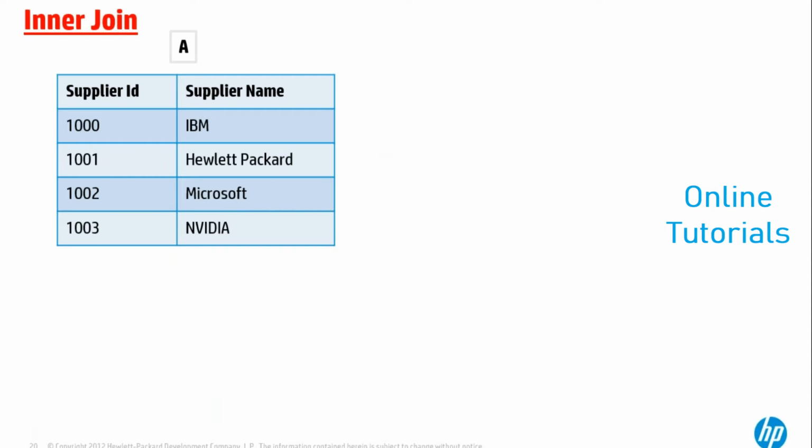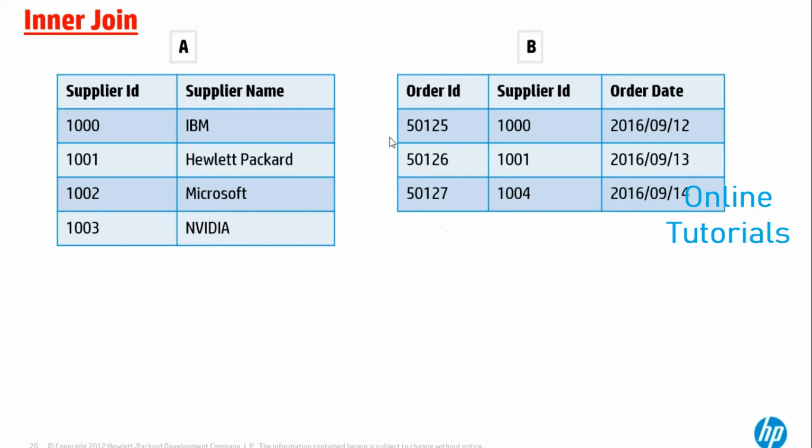So let's see the inner join. I have a supplier ID and supplier name: 1000, 1001, 1002, 1003. You have order ID, the same. Just consider this is table A and table B. What is the common column here? Supplier ID. Correct.